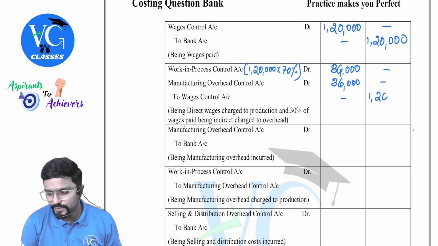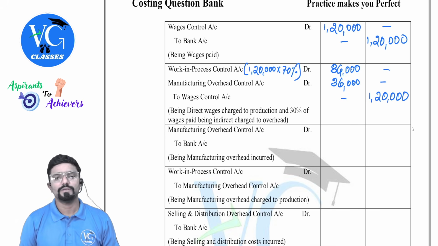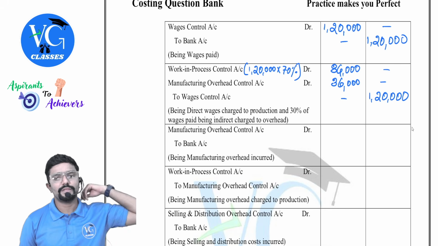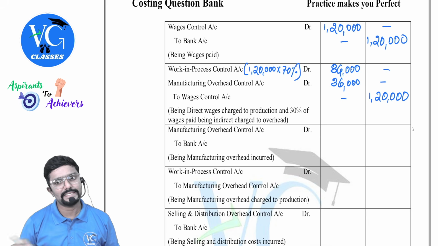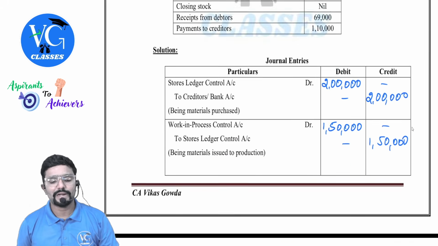So total comes to 1,20,000, being direct wages charged to production and 30% wages paid being indirect charged to overhead. So both we have transferred.